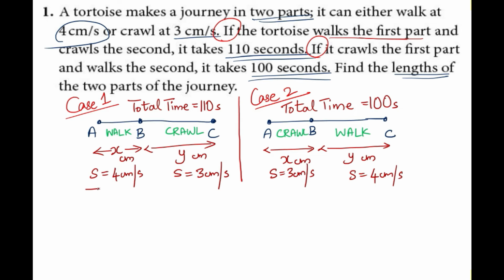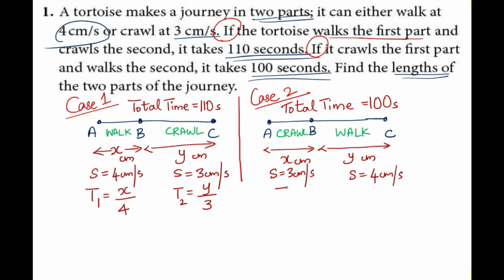Now, what is the time taken? T1 for the first part of the journey. Time is distance divided by speed. So x divided by 4. And T2, the time taken here, is going to be y divided by 3.